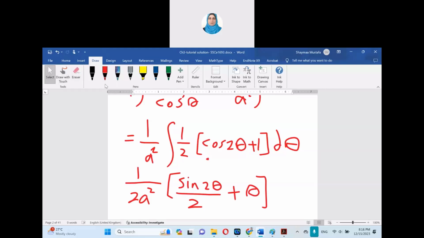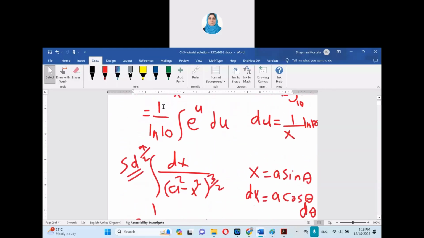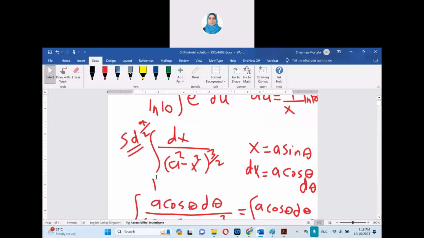Now, because x goes from 1 until a over 2, either you can change your integration in terms of x, or you can change the boundary in terms of theta.